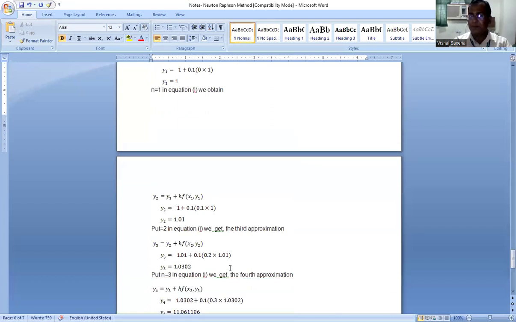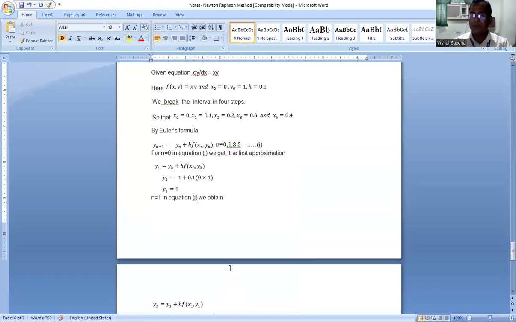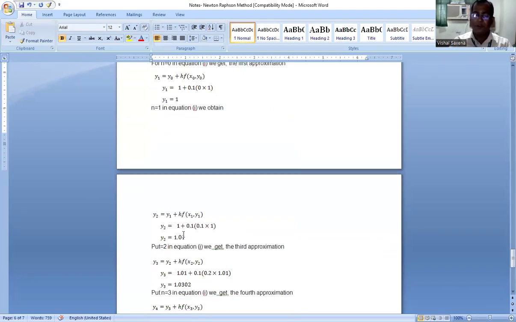For the second approximation, we put n equal to 1 in the first equation. Look at this first equation, where n equal to 1 is used to get the value of y2. So y2 is y1 plus h into function f(x1, y1). Now put all the values of x1 and y1 and the function, and we get 1.01.